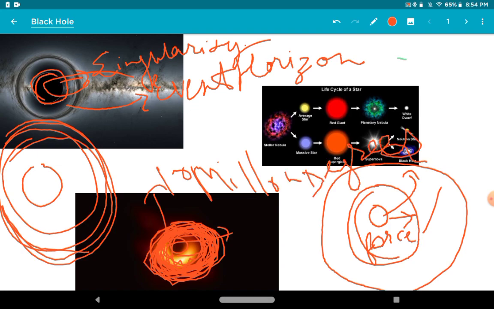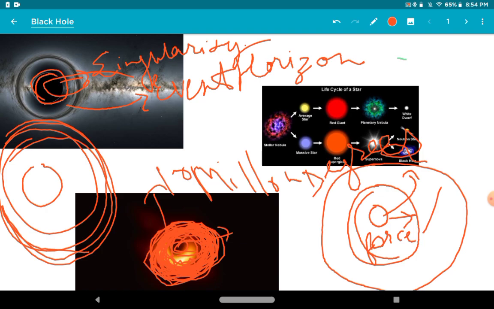This is the amount of heat it generates. Anything that goes past the event horizon into the singularity goes inside the black hole, and we don't know anything about it after that. So this is the stage of the black hole. Now you know a little bit about the black hole, so let's move ahead.